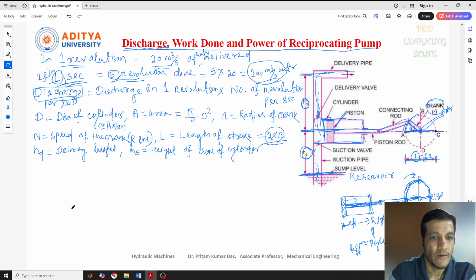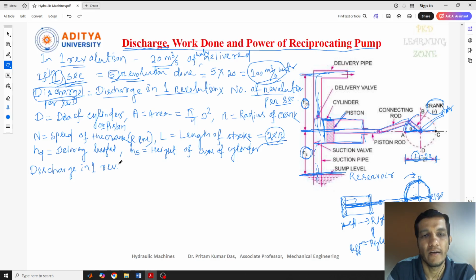Now let's start. As I told you, I can calculate discharge by this formula. Before calculating, two things we need to find: the discharge in one revolution and the number of revolutions per second. First, the discharge of water in one revolution, or the volume of water delivered in one revolution.